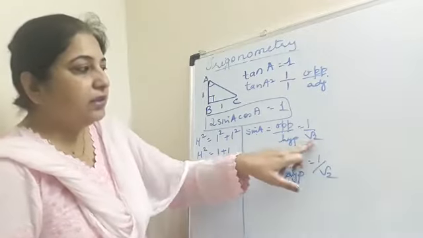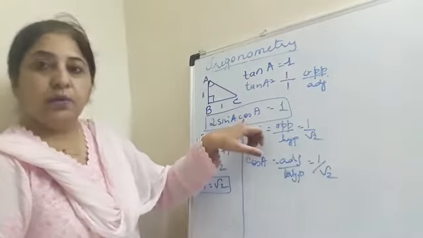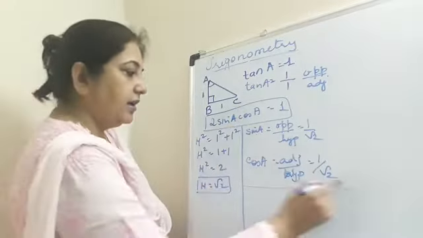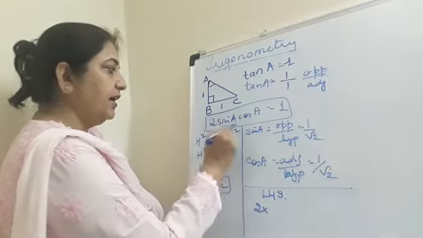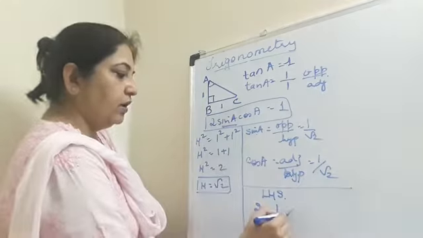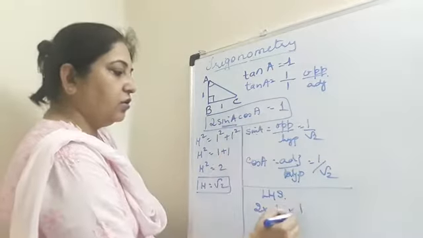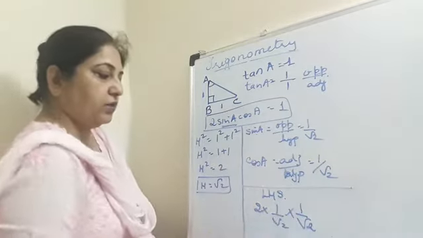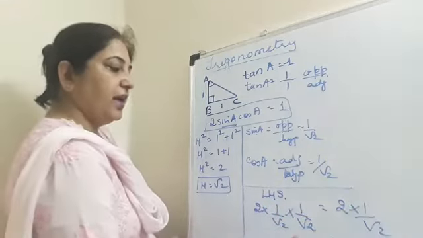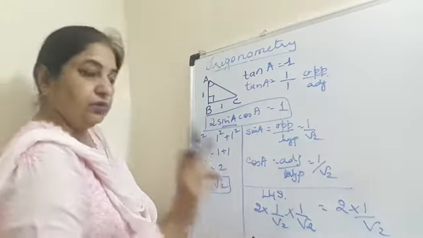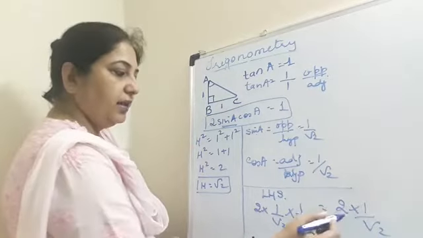Now I substitute these two in this equation. Let us take LHS. 2 into sin A means 1 upon root 2, and cos A is also equal to 1 upon root 2. So let us solve this. I get 2 into 1 upon root 2 into 1 upon root 2. As you know, root 2 into root 2 is equal to 2, so this 2 and this 2 will cancel.